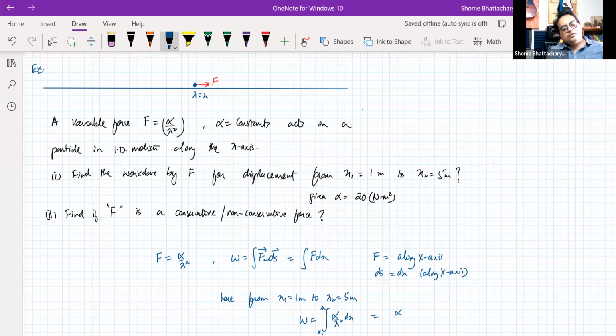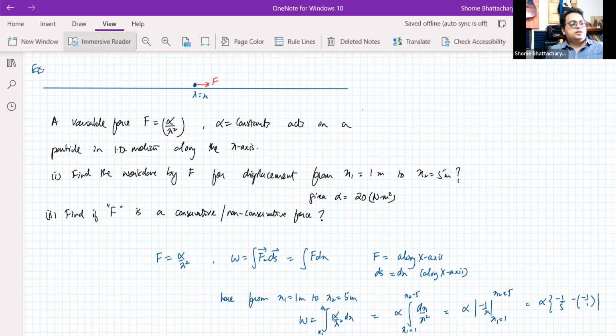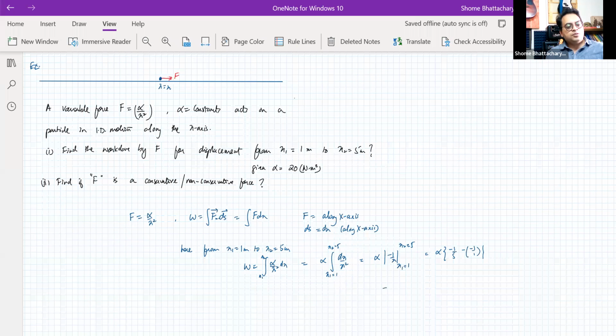So integration of this will be minus 1 by x. So it will be alpha into minus 1 by 5, minus of this. That's why you should end up getting it as a positive quantity.